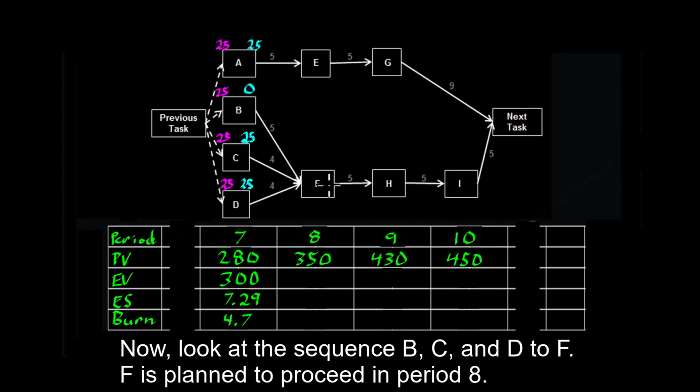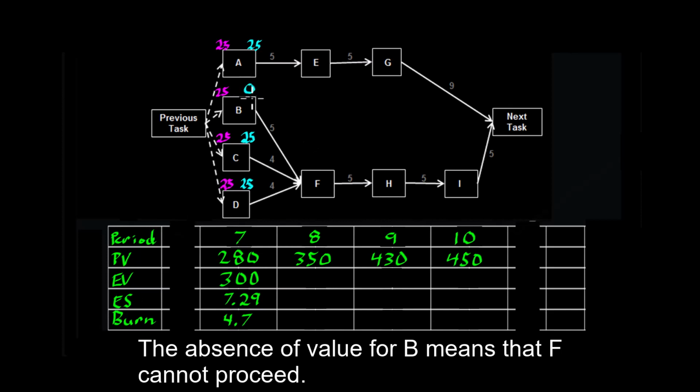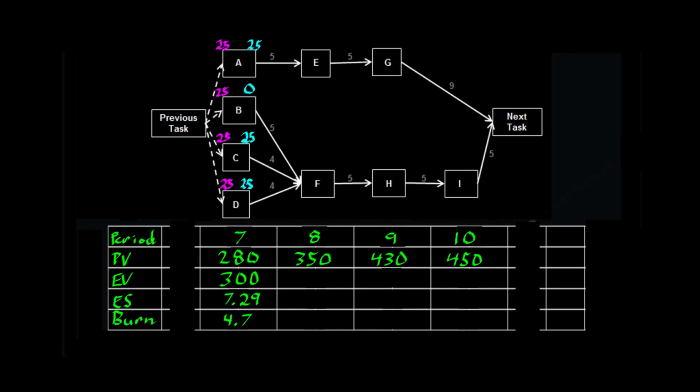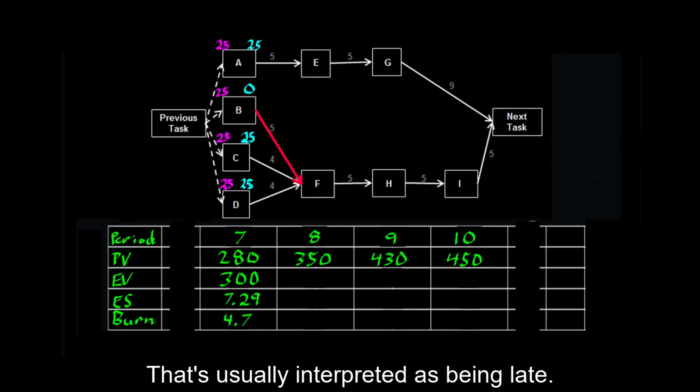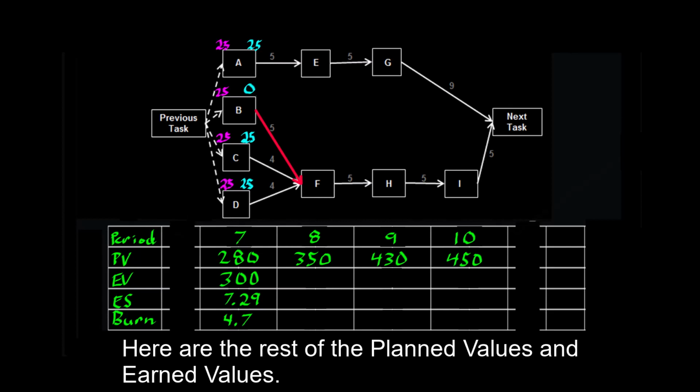F is planned to proceed in period 8. All of B, C, and D need to be complete, or F cannot proceed. The absence of value for B means that F cannot proceed. That's usually interpreted as being late. Here are the rest of the planned values and earned values.